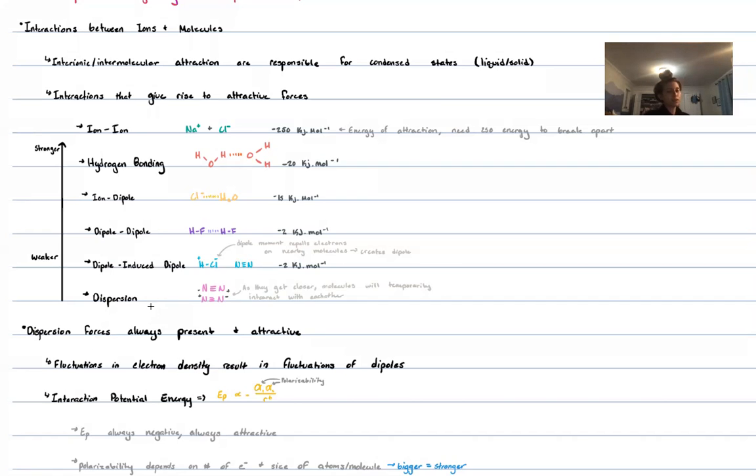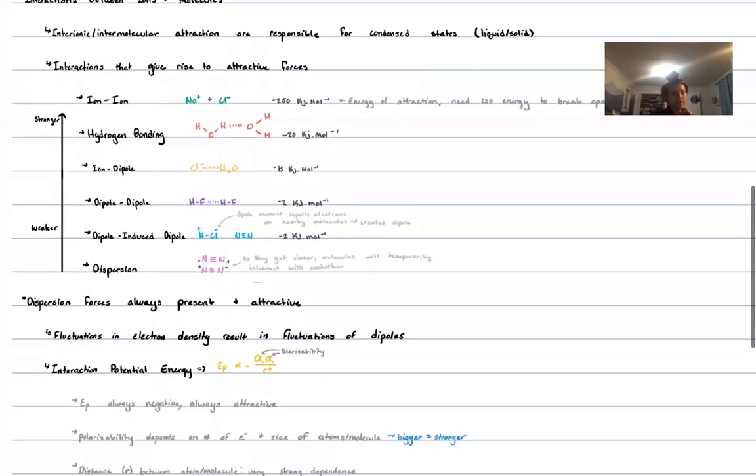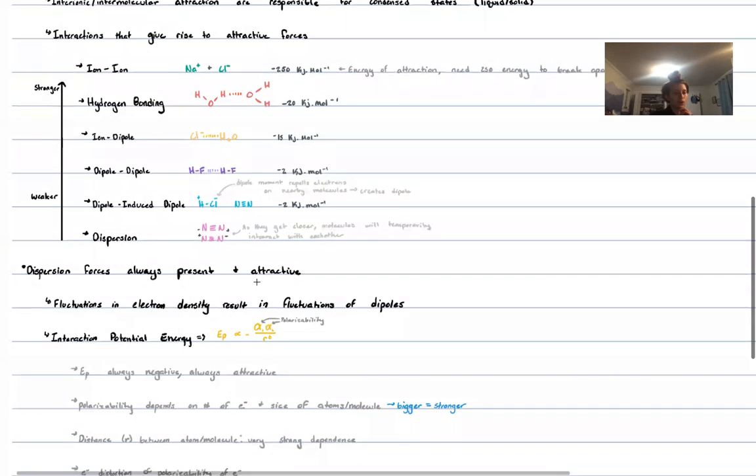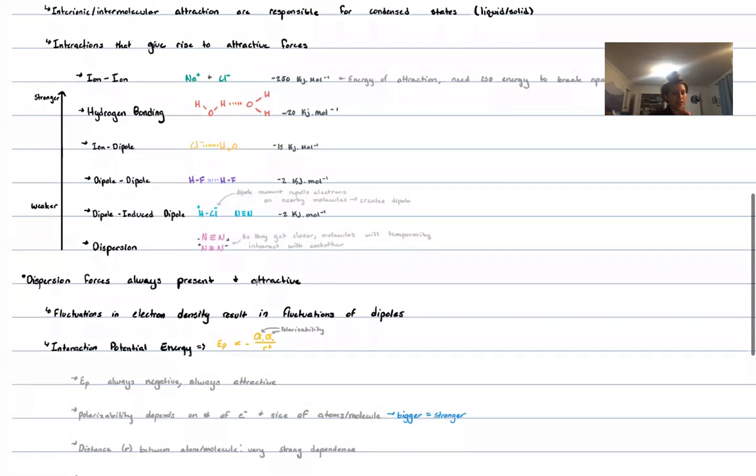And for dispersion forces, I believe we talked about this, they're in every single molecule we see. It's just the temporary movement of the electrons in the electron cloud that makes one side slightly positive and one side slightly negative, and then that changes again. So we tend to see that in our van der Waals forces or London forces.